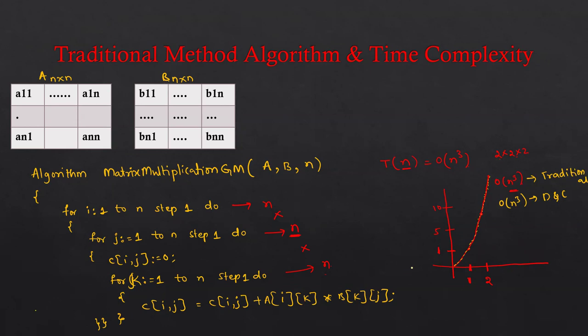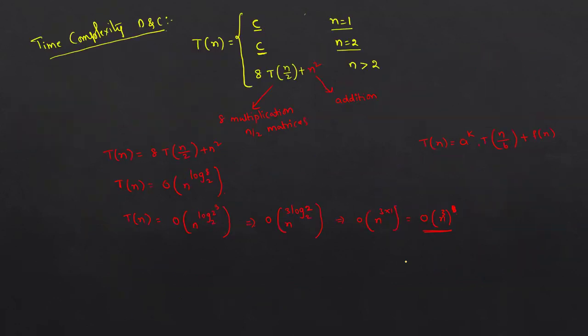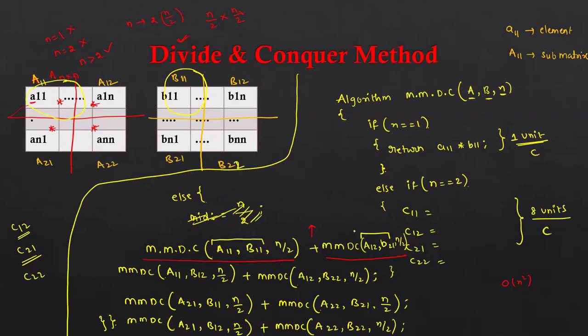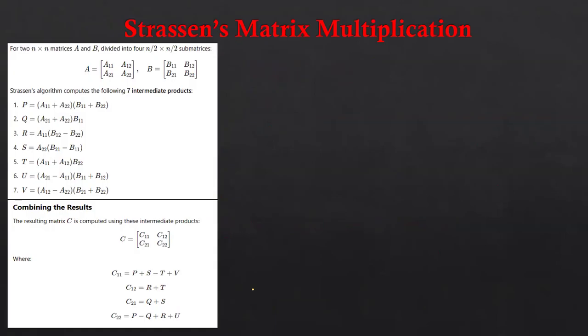No benefit. But within the divide and conquer method, Strassen has proposed 7 different equations instead of these 8 multiplications. What are they?